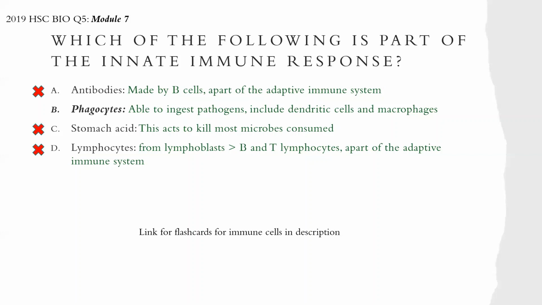Technically, it's a part of our lymphatic system. So that leaves us with phagocytes. So these are innate immune cells that are able to ingest pathogens, and examples of these are dendritic cells and macrophages. So this question gets a 3-star difficulty rating, and it's from module 7.